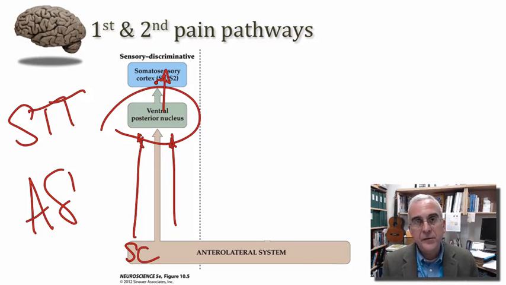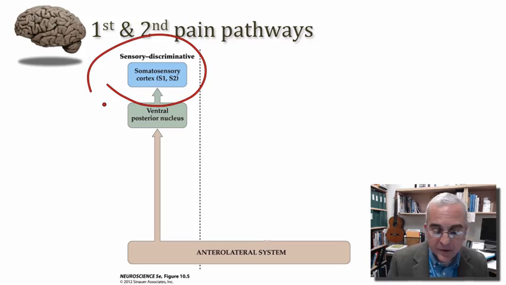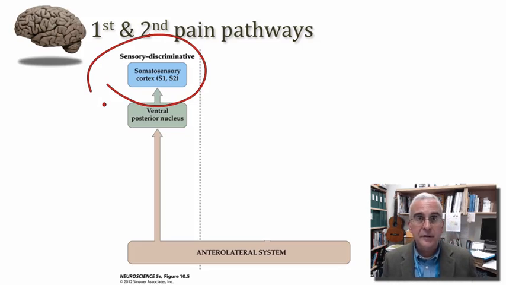This is the transmission of this fast, somatotopically precise information about what body part was injured. And the somatotopic precision about this is attributable to the fact that this information ultimately gains access to this exquisite mapping of the contralateral body that we find in our primary somatic sensory cortex in the postcentral gyrus.